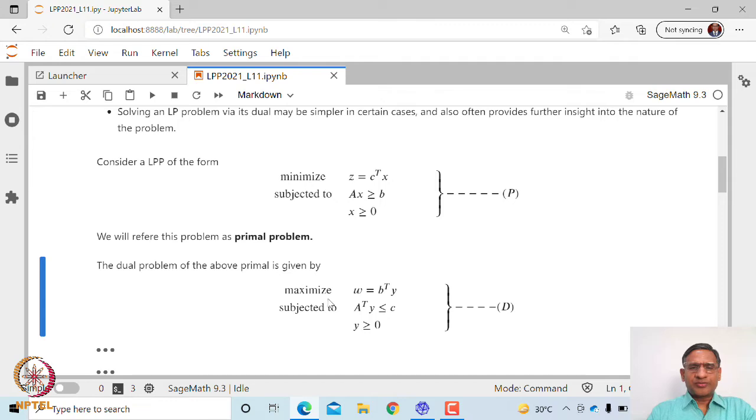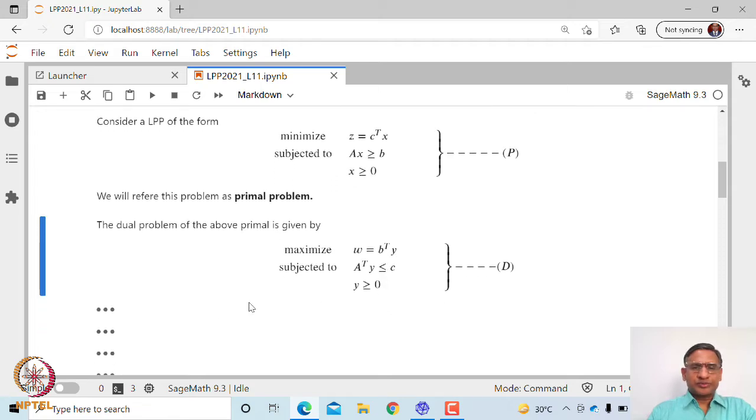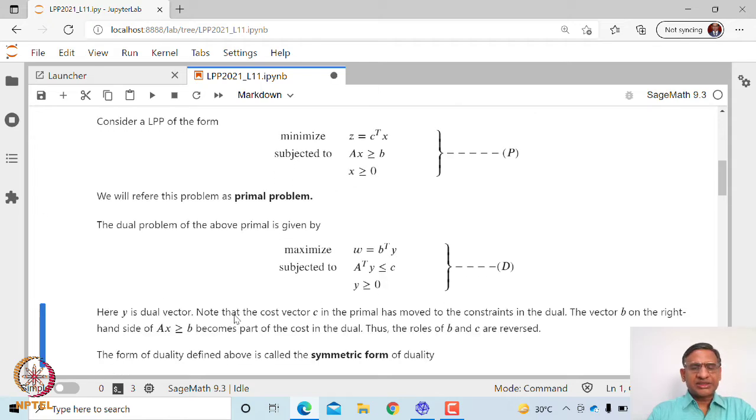The number of variables in the dual is going to be the number of constraints in the primal. Essentially what has happened is that the roles of b and c have changed. In the primal and dual, the roles of b and c are reversed.